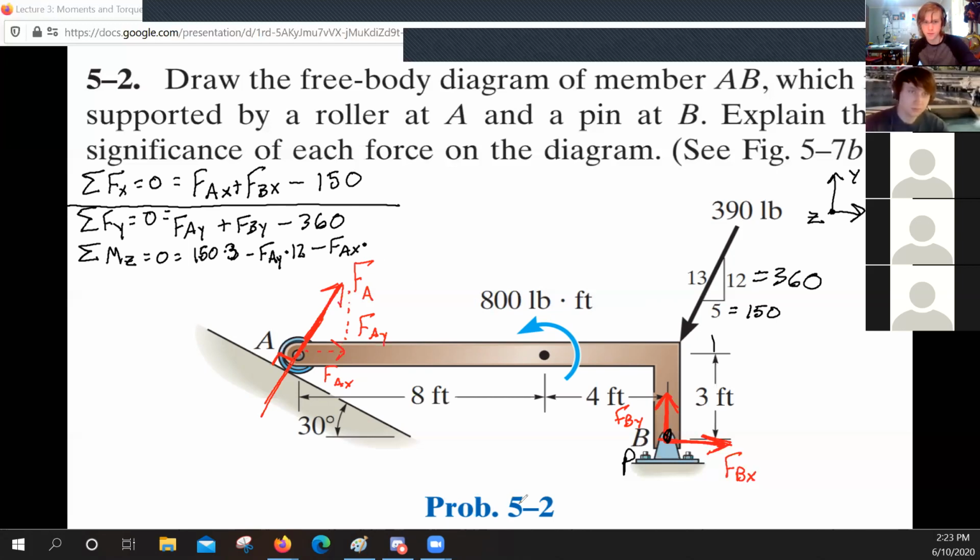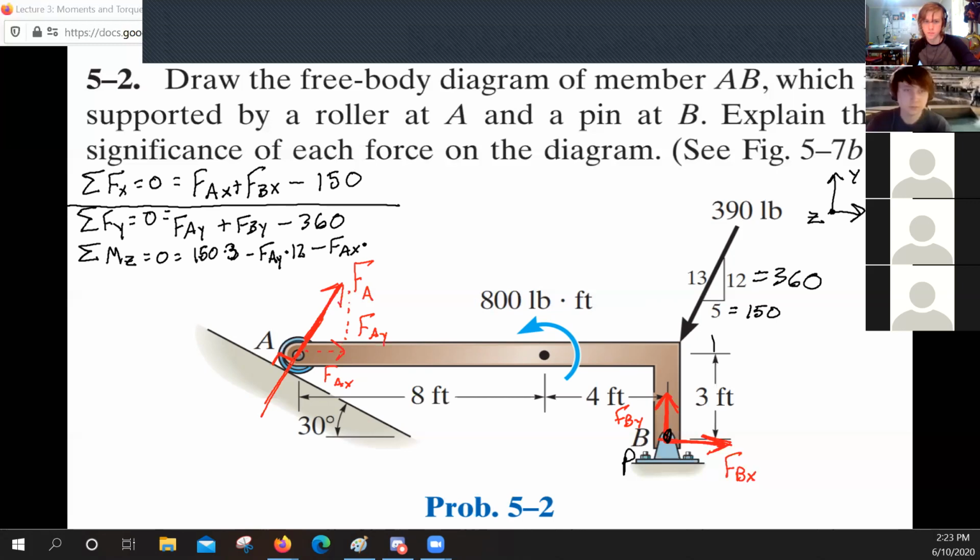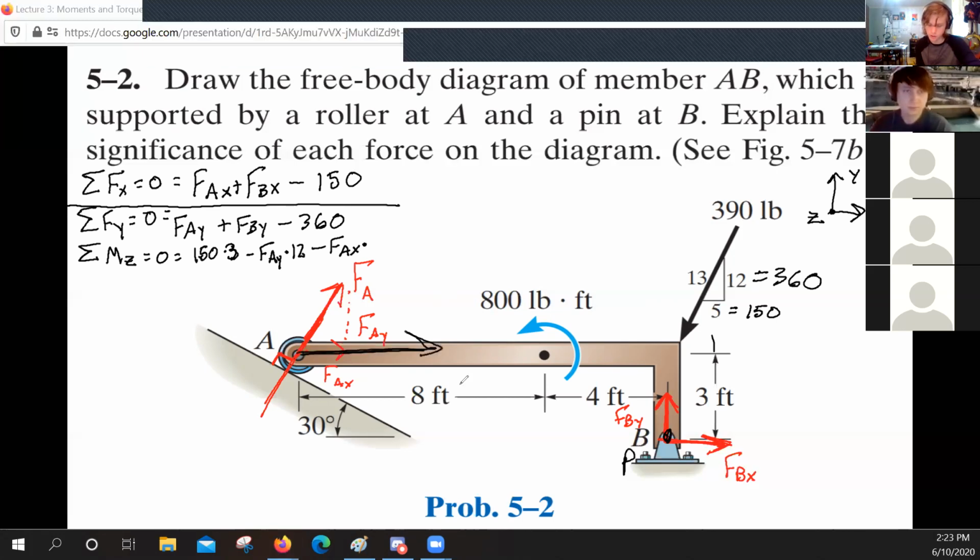What distance? Is it also 12? It is not 12, because FA of X is pointing in the X direction, and this 12 is also in the X direction. It needs to be something in the Y direction. 3. Yes, 3. So we'll put our 3.